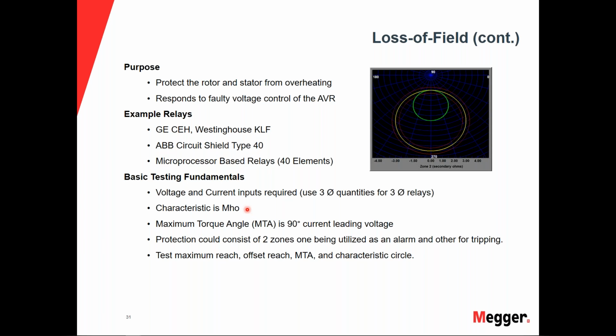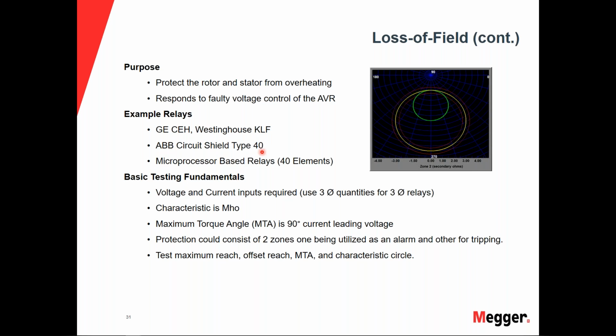When you do this test, it is very good to test it 3-phase. It's actually a 3-phase event that happens, so we want to make sure that we are testing it 3-phase if possible. With the old electromechanical styles, there are usually open delta PTs for this, and usually one CT that comes into the relay as well.